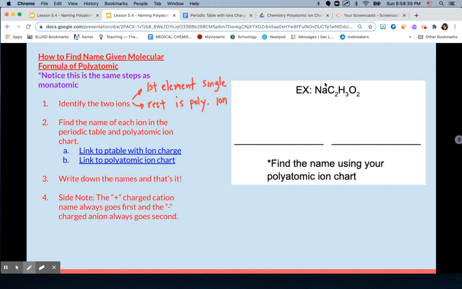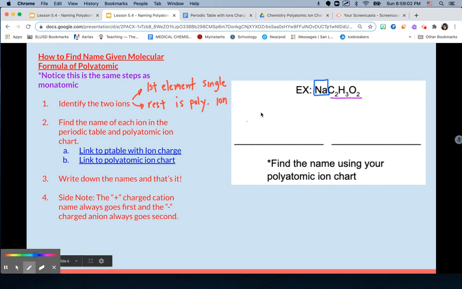But in general, the first element is by itself, and then the rest is the polyatomic ion. So here, N is capitalized, A is lowercase, so Na will go together as one element. And I'm going to guess that the rest, C2H3O2, is my polyatomic ion.